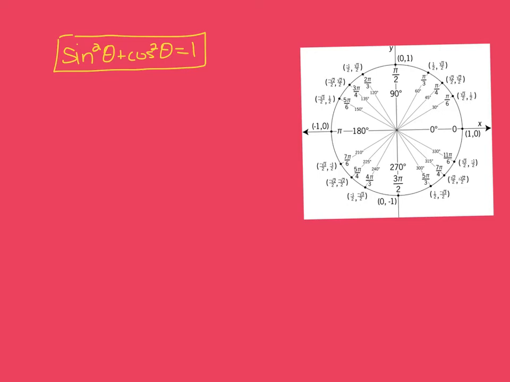In addition to having this identity, you also can take this identity and solve it for either sine squared theta or cosine squared theta. So like an equivalent identity is if you have sine squared theta is equal to 1 minus cosine squared theta. And we can also write cosine squared theta is equal to 1 minus sine squared theta.